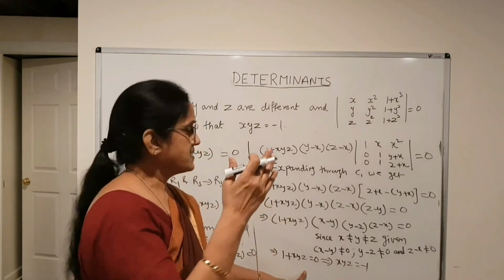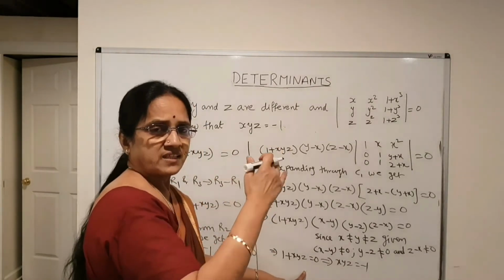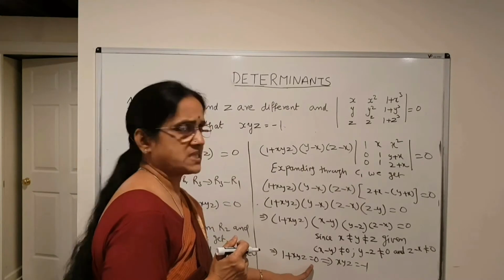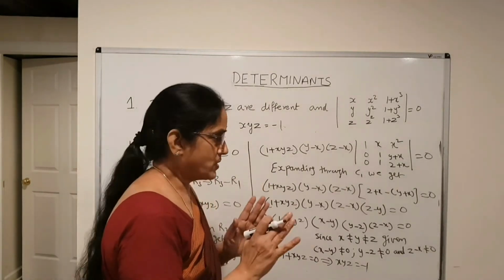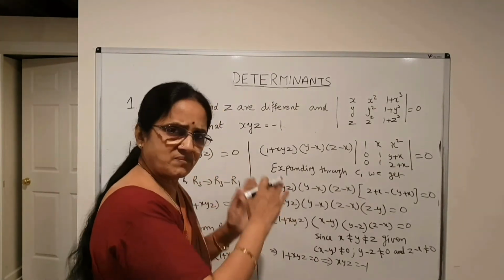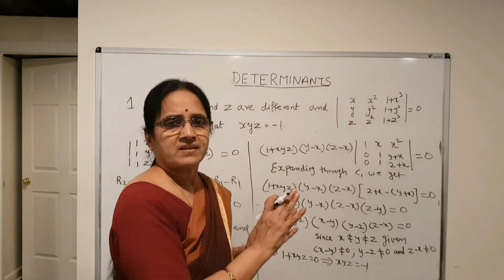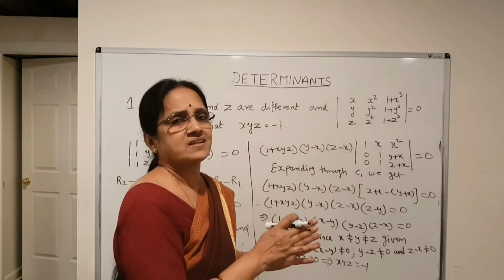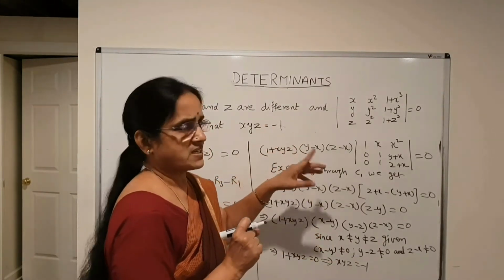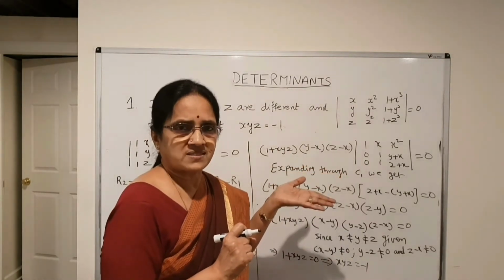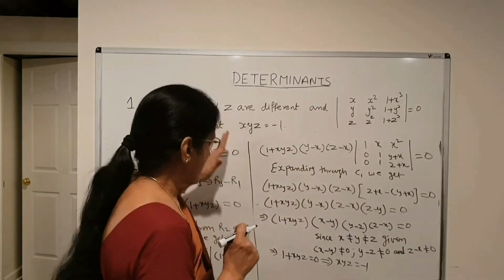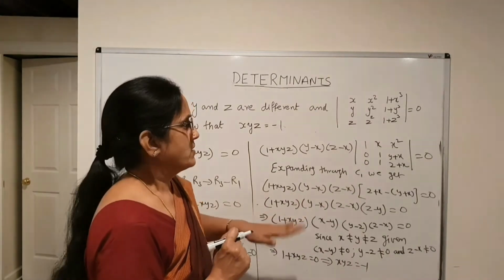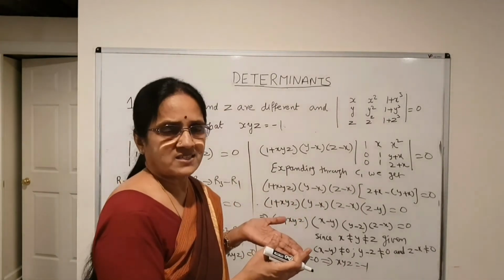But actually, all the steps are similar. It is the same question. Only thing is, instead of xyz, it is changed as abc. So, the same method, the same step should be written by you to answer the questions of that time.